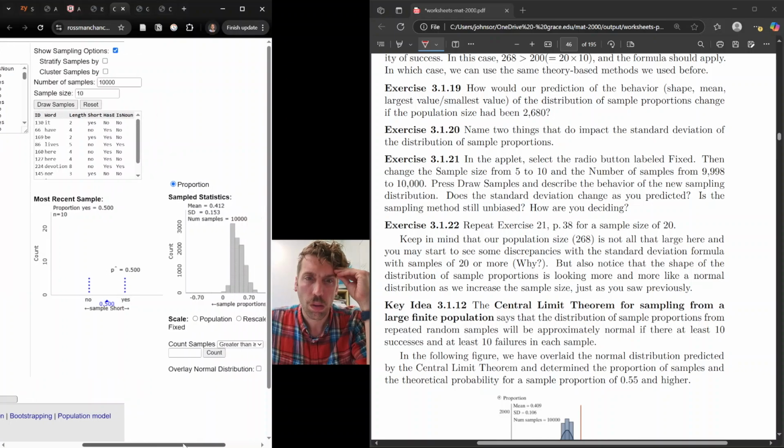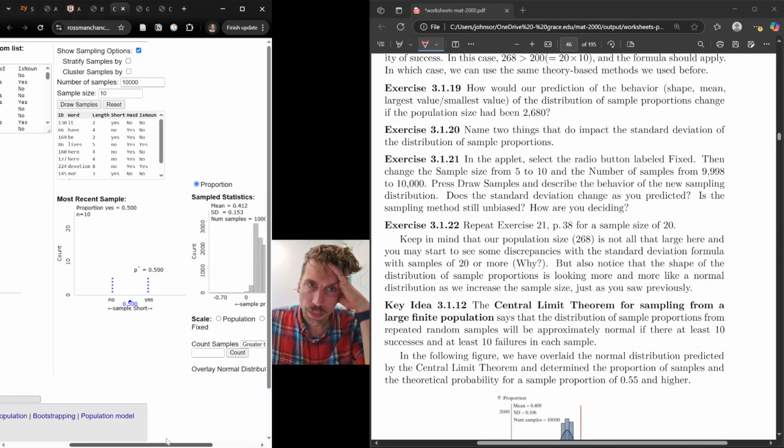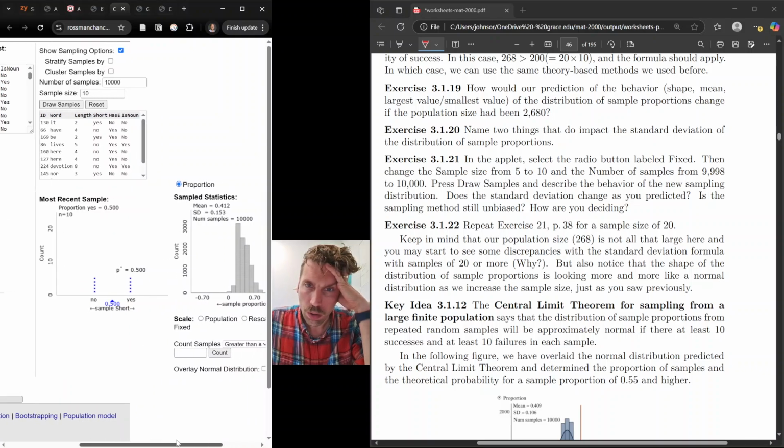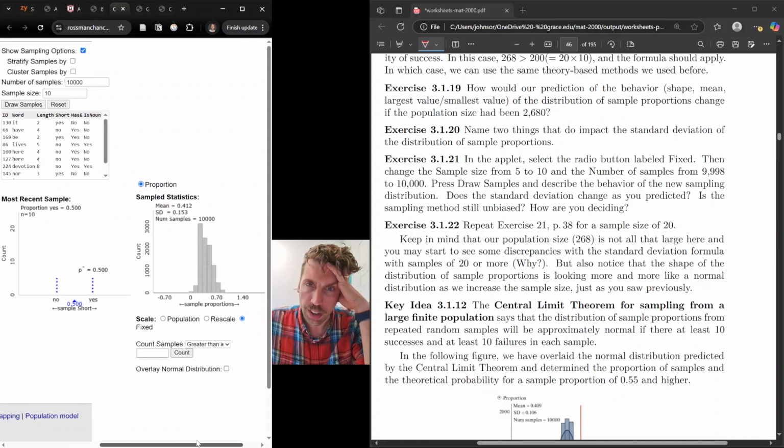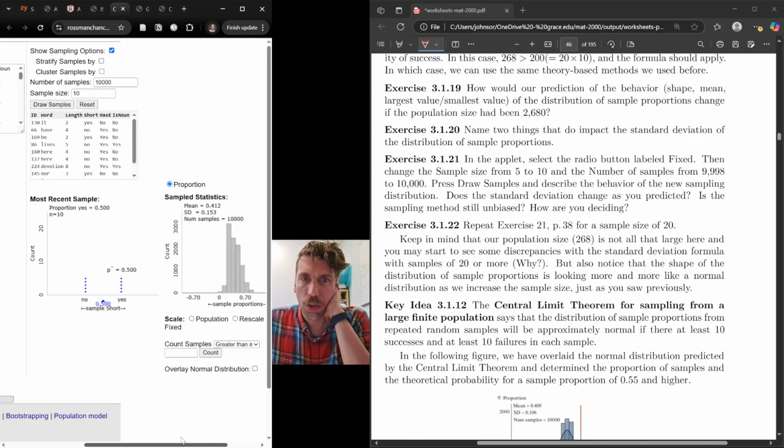Fixed population rescale, fixed. Okay. So, does the standard deviation change as you predicted? Okay. And then repeat it for sample size of size 20.